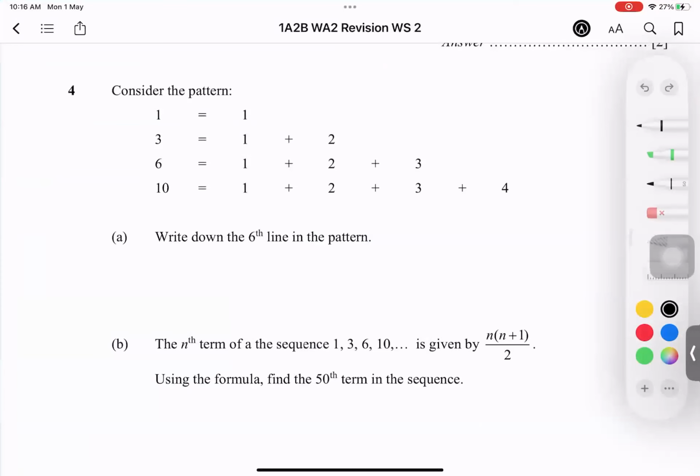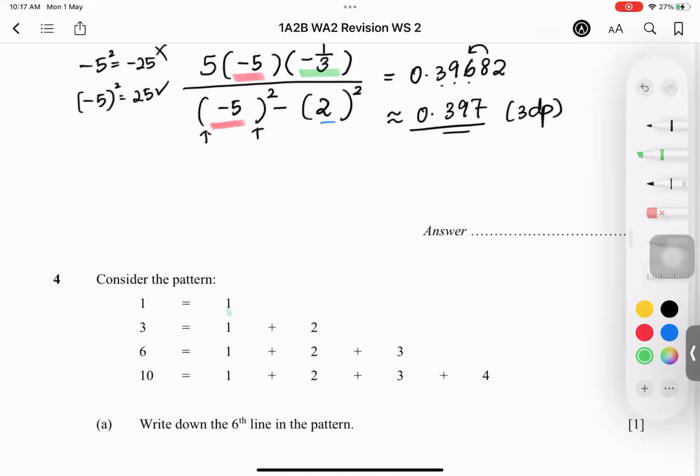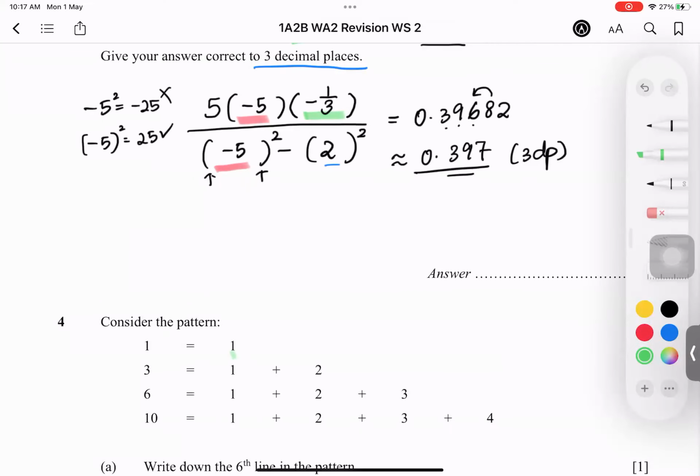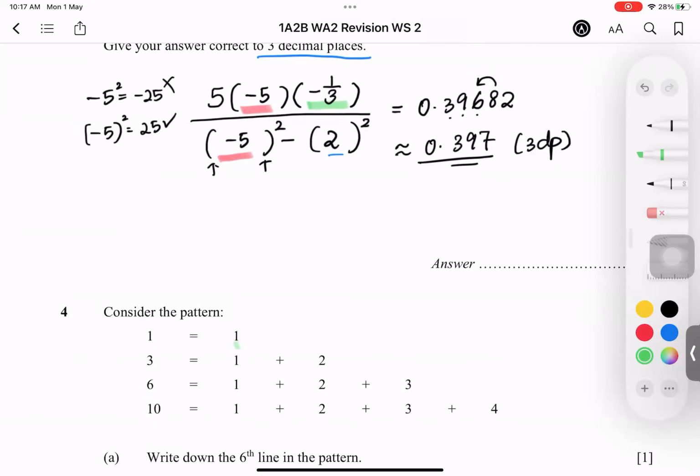Okay, let's continue. Now consider the following number pattern. What pattern do you observe for this side? Can you go back to the previous question? Okay, can. This one over here. What are the patterns that you observe from this side? This is 1 plus 2. Then the next one, 1 plus 2 plus 3.